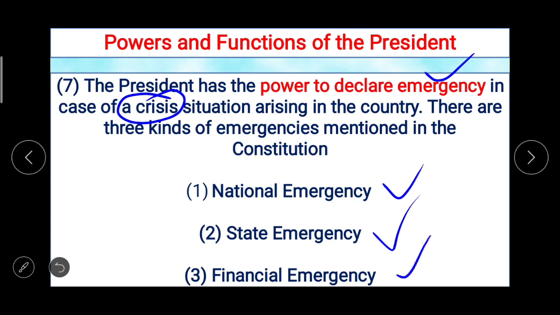If things are not going well at the national level, then national emergency. If any state is not going through the laws or the ways of the constitution, then state emergency. और अगर फाइनेंशियल क्राइसिस अगर कंट्री में हो जाता है तो इस तरह के इमरजेंसी लगाने का अधिकार प्रेसिडेंट के पास होता है, financial emergency.